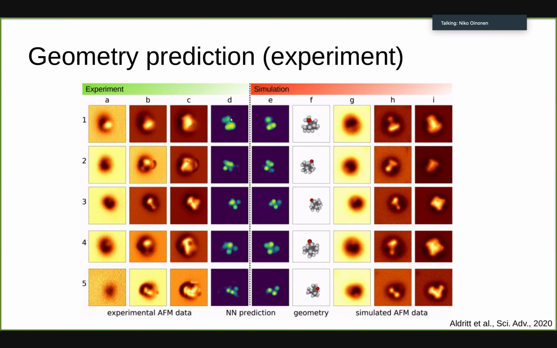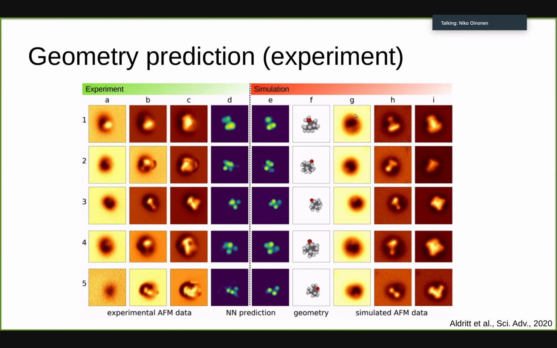Now, of course, we have the problem that we don't know what the reference answer is that we should compare against. So what we did instead, because in this case we knew what the geometry of the molecule was, is that we took a whole bunch of different configurations of this molecule, looked at it from all different sides, computed the corresponding descriptor, and then compared the simulated descriptors via cross-correlation to the predicted descriptors from the experiment, and found a list of matches for each experiment.